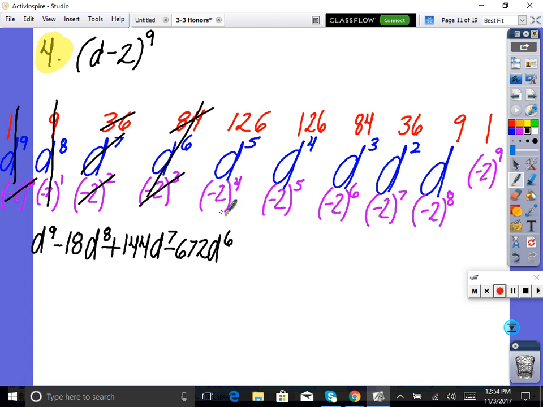We're right here. -2 to the 4th is 16. 16 times 126. Shout it out. So 2016, well, better than doing it by hand, so you could really be complaining then. All right, and then -2 to the 5th is -32 times 126. -4032, and then that's D to the 4th.